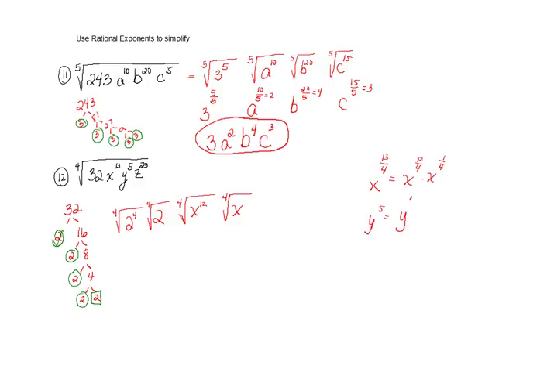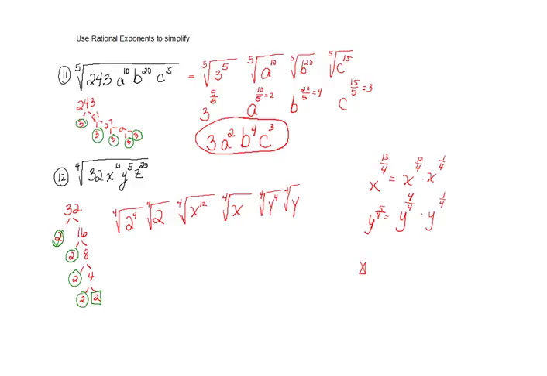If I go back and look at the z's here, I have z to the 23 over 4. So I can write that as z to the 20 over 4 and z to the 3 over 4. Once again, I'm multiplying variables, so I add the exponents. 20 and 3 is 23 over 4.